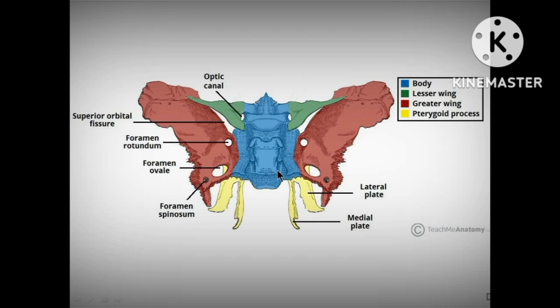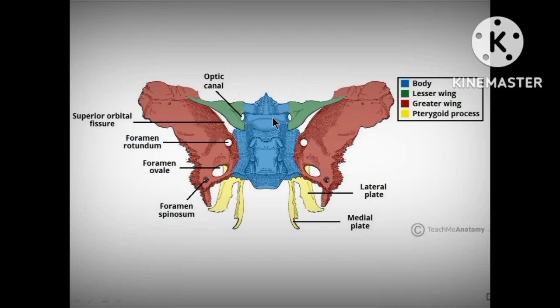The further parts of the body are where the two lesser wings of sphenoid meet. This structure is called jugum sphenoidale. Just behind the jugum sphenoidale, we can see on either side there is an optic canal. Through the optic canal traverses the second cranial nerve, that is the optic nerve, and this optic nerve crosses here.